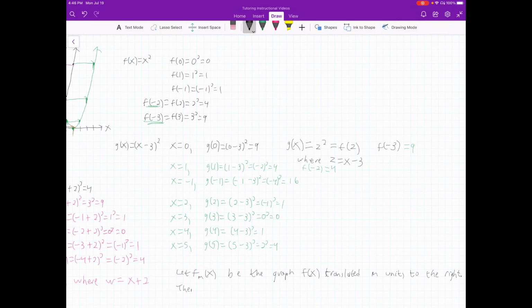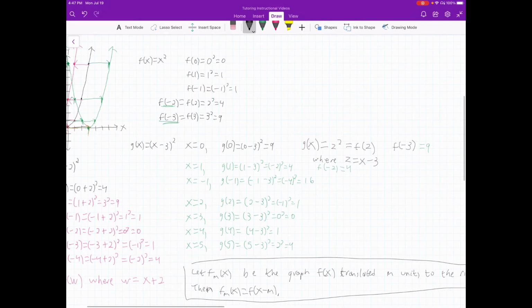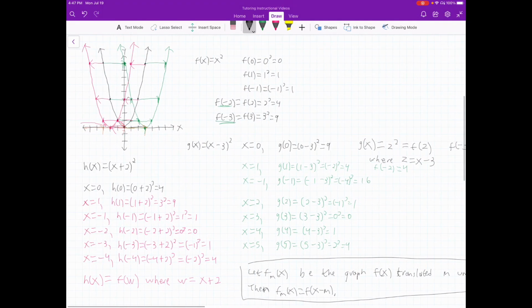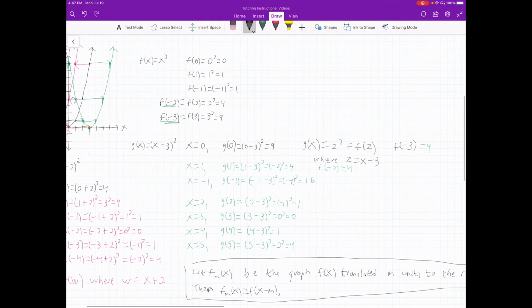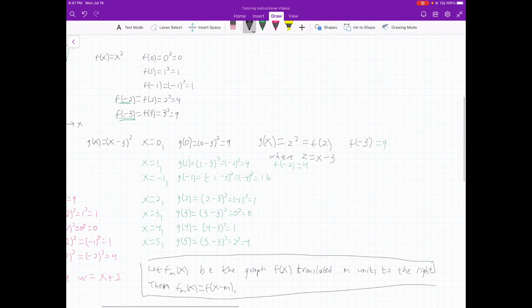Then the formula for f_m of x has to be f of x minus m. This is in general how we translate a function so many units to the right. Because here, g of x was f of x minus 3, and we saw that shifted the graph 3 units to the right. So if I want to translate any function f, m units to the right, I have to take f of x minus m.